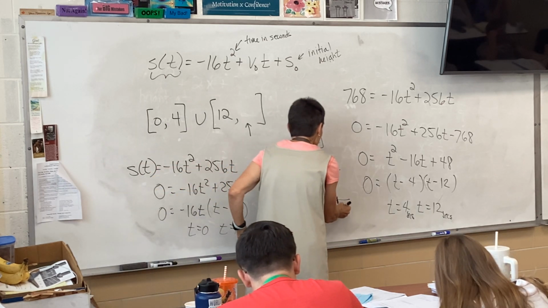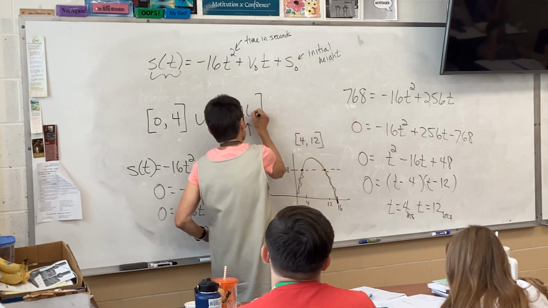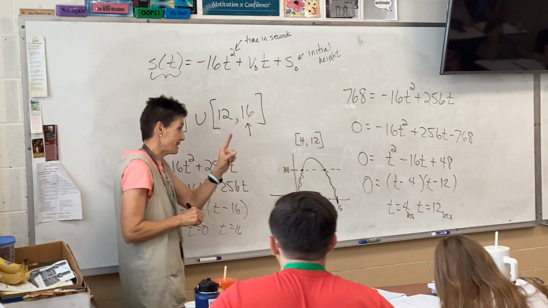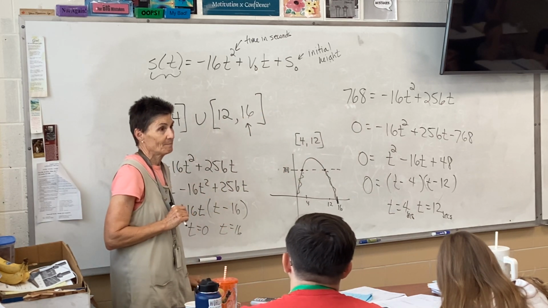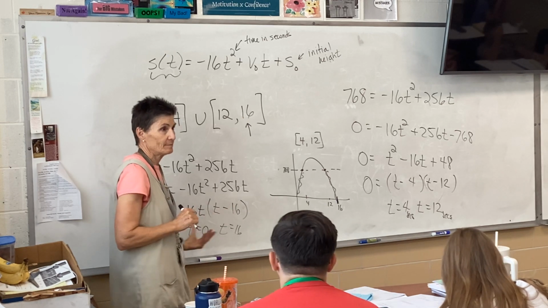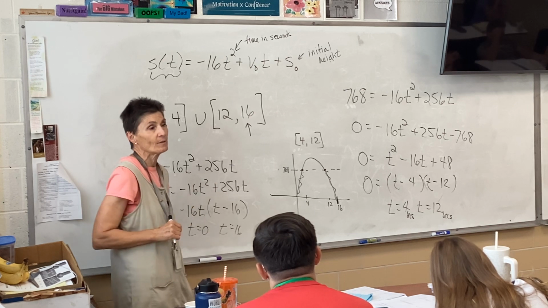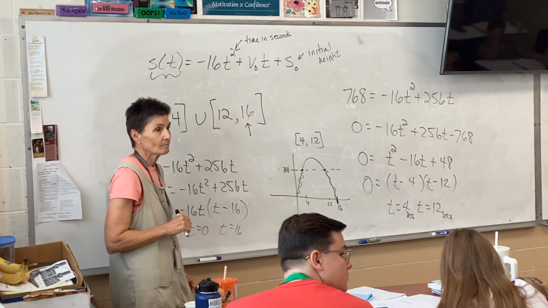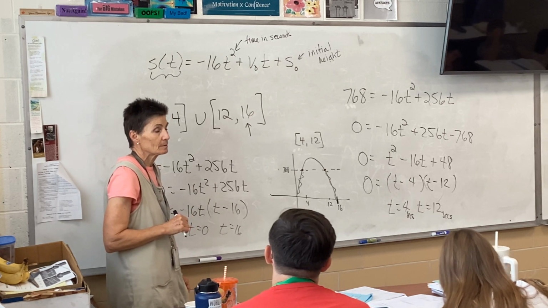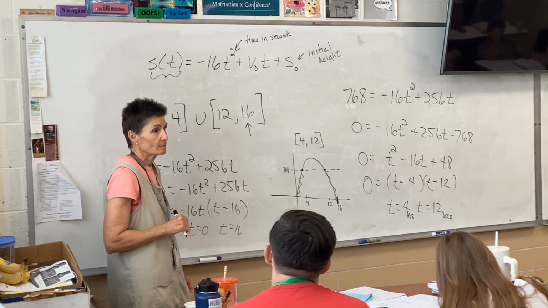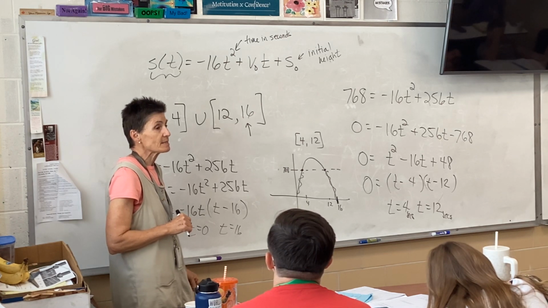Now, I believe that some of you probably knew that was going to be 16 before we did all that. How could we have intuitively known that, Josie? Because it took like 4 seconds to get to that point, like 0 to 4, and it's going to take 4 to go back down.